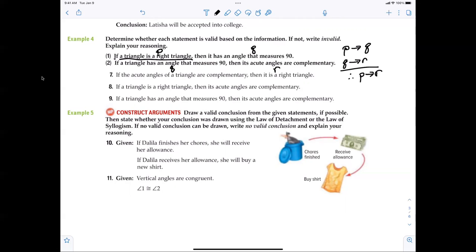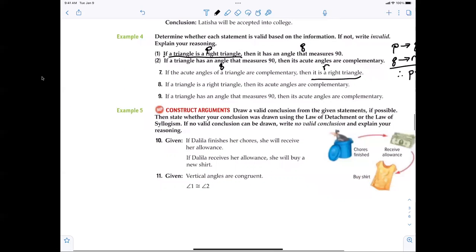If the acute angles of a triangle are complementary, then it is a right triangle. Is that true? Is number 7 true? Yes. Well, let's just look at it from the perspective of a triangle.